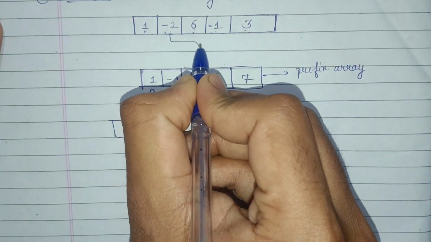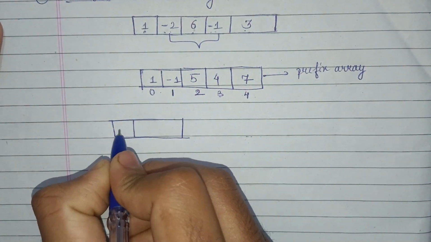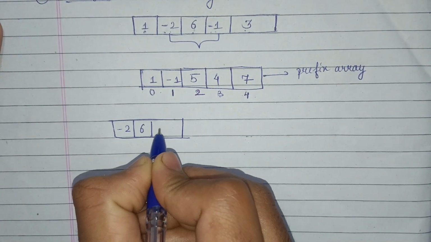Let's take this subarray: minus 2, 6 and minus 1.